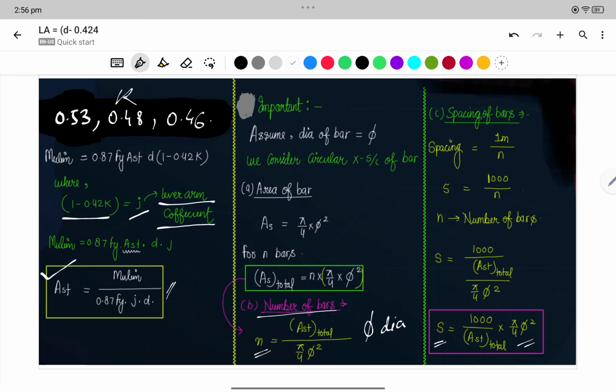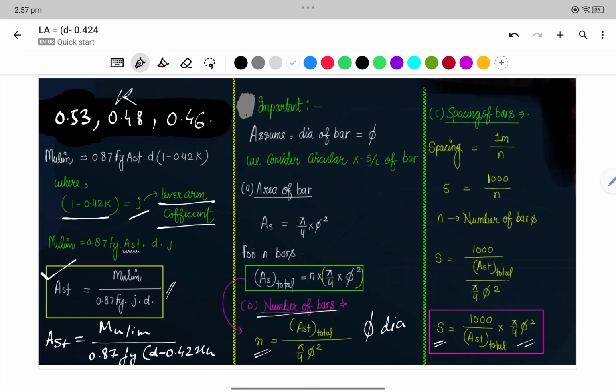We can write this formula in another way also. Okay, so I will write it for you. See if you can appreciate it. This formula can be written as Ast is equal to Mu limiting divided by 0.87 Fy, just multiplied with the lever arm, d minus 0.42 xu.